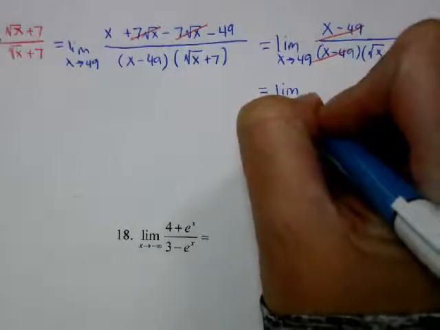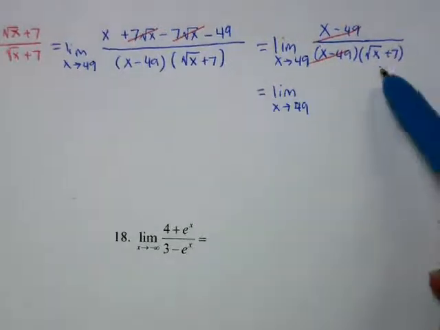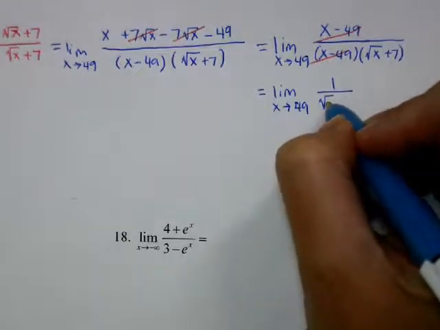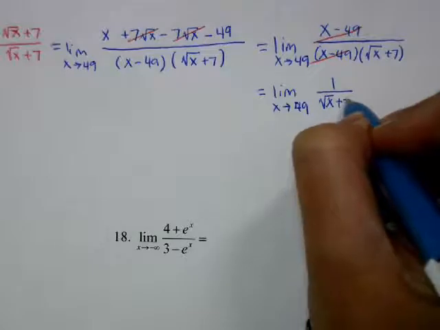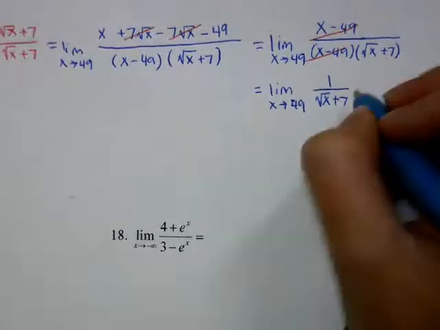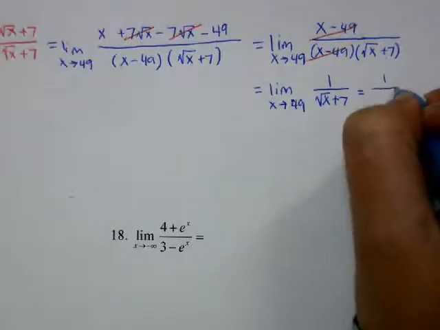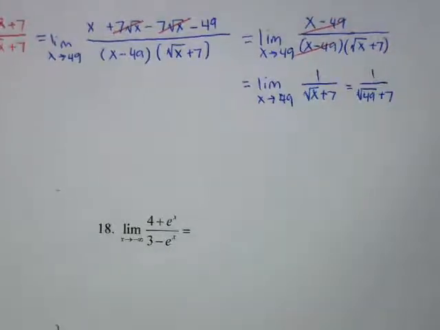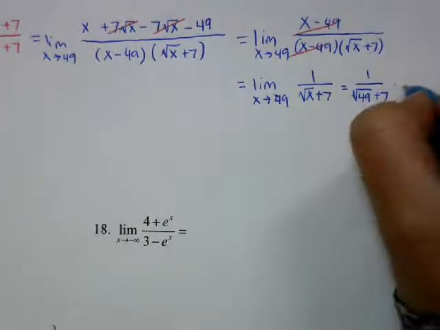Okay, because it's tempting to say, well, that's all that's left, but it's really 1 over that. So I have 1 over the square root of 49 plus 7. Well, the square root of 49 is 7, so this ends up being 1/14.